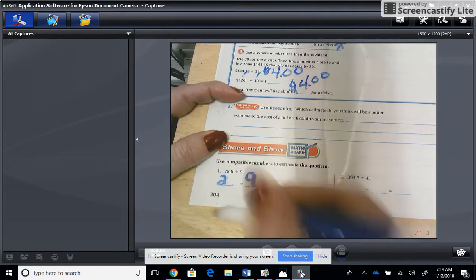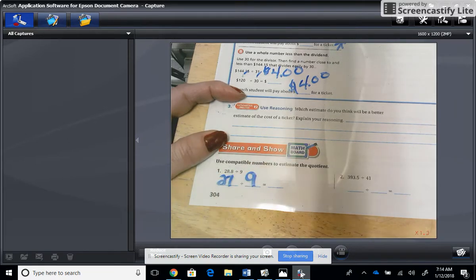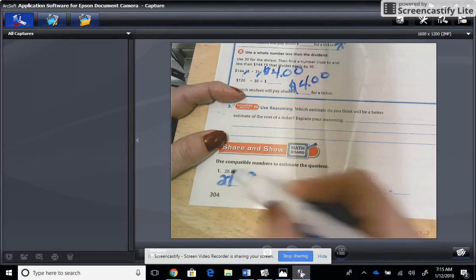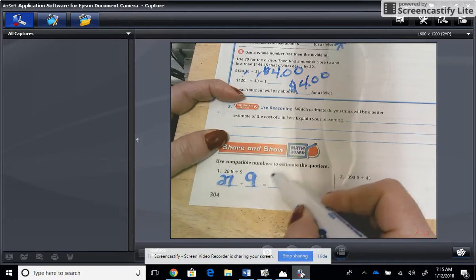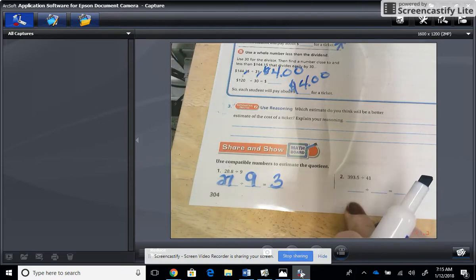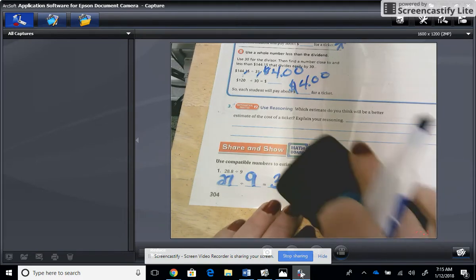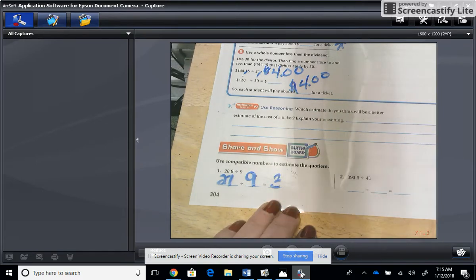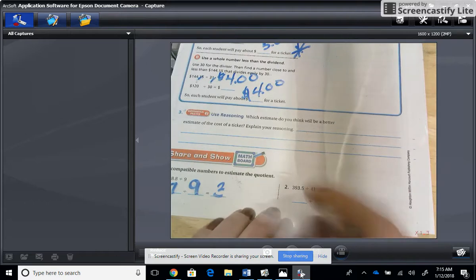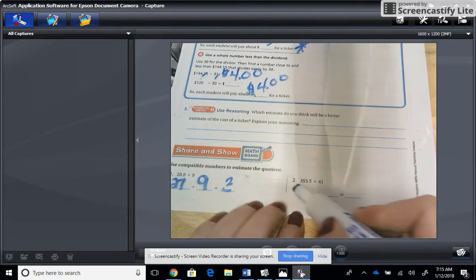No, but 27 is very close to that, and 27 is a compatible number. So if I divide that, I get 3. And I could put a 0 back in here and make it a tenth, but it's 3 whole, because I have a whole number I'm dividing it by.